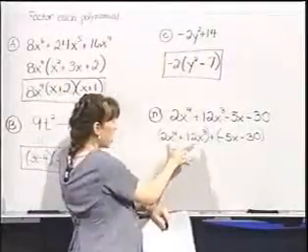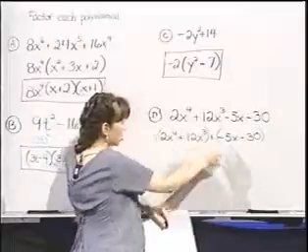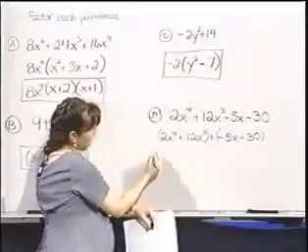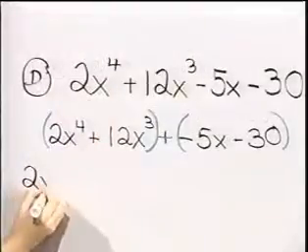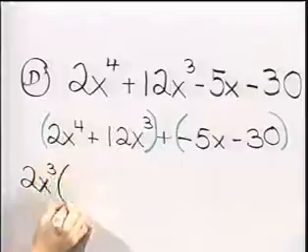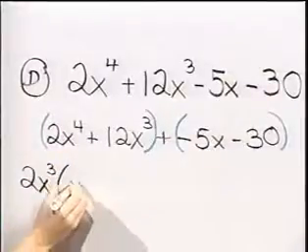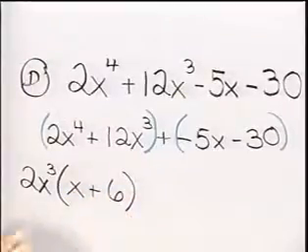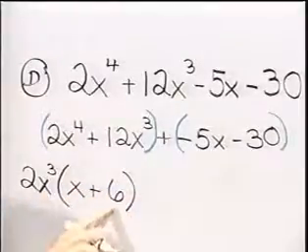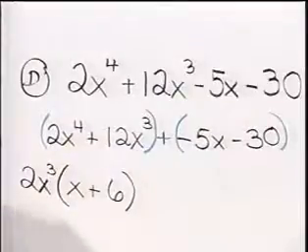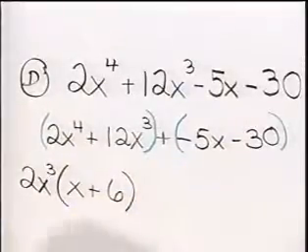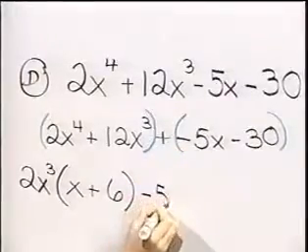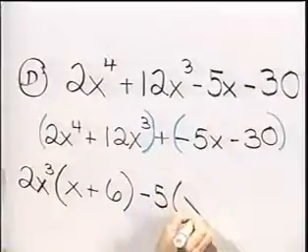Now, remember, you take the greatest common factor from each separate pair and take it out. So we look at the first pair, and we say, okay, what can we take out? We can take out a 2x cubed. And what you're left with would be an x, and over here you'd be left with a 6. Let's double check. That's 2x to the 4th plus 12x cubed. In the second case, what can you take out? Well, this is one of those negatives that you want to remove. So you want to remove a minus 5, and you're left with x.